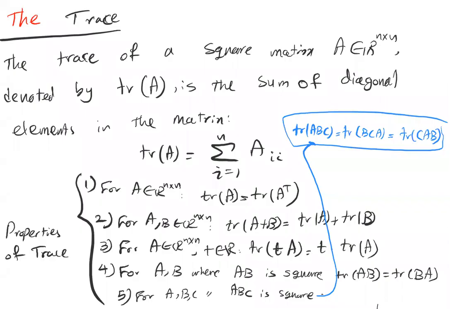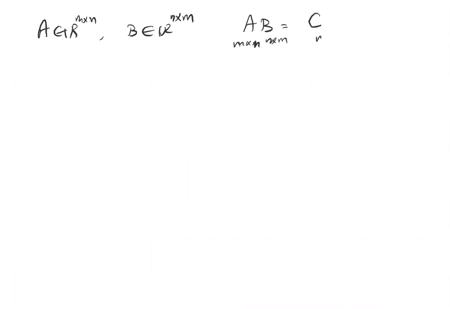So the last property, I just want to show it for the scenario where we have two matrices, right? Let's say you have matrix A, which is in R m by n, and matrix B, which is in R n by m. So A multiplied by B is a matrix, let's say C, m by m.